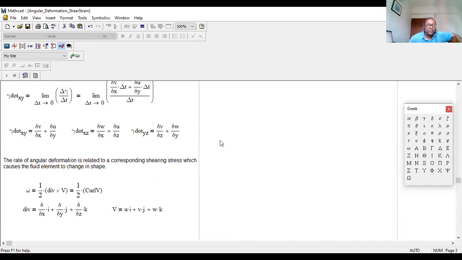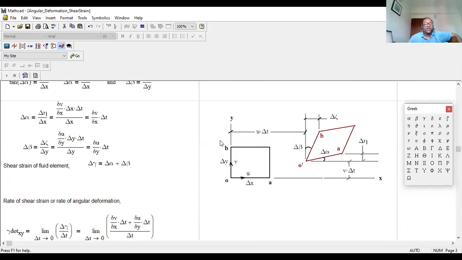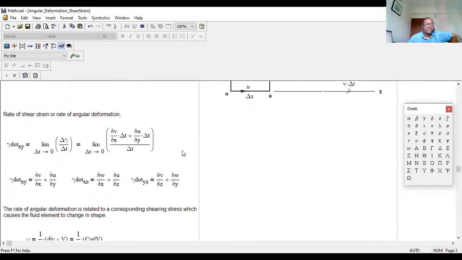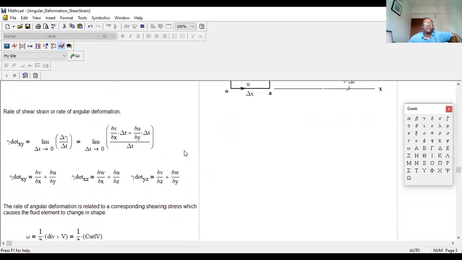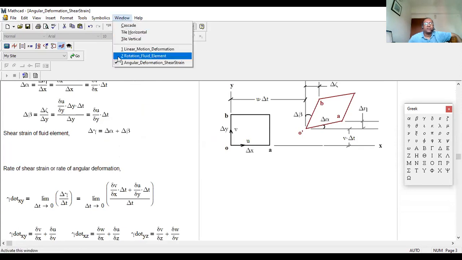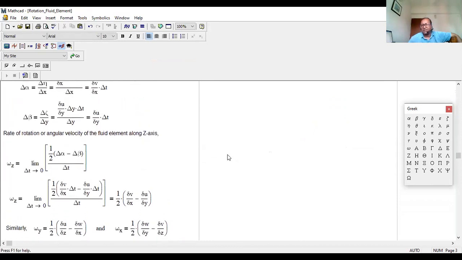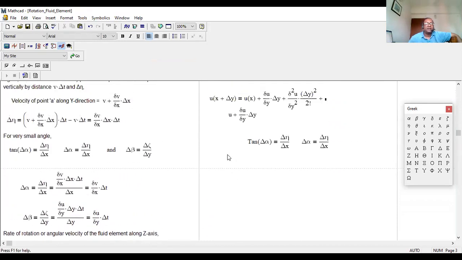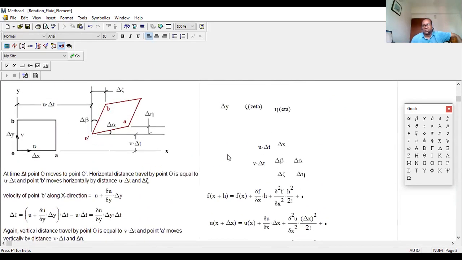Anyone? No, sir. So right here we figured out the angular deformation of the fluid element. Now there is one thing that is called rotation of the fluid element. But you don't have to be scared. We'll use the same figure, but we'll figure out how much rotation is happening.